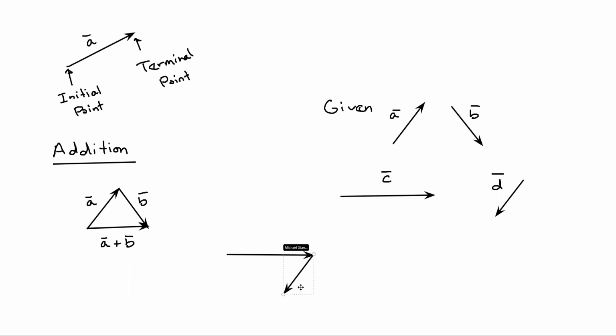It looks about like that. Then there's C and D. The sum of C plus D is going to point from the initial point of C to the terminal point of D. Like that. So that's C plus D. So that's addition.